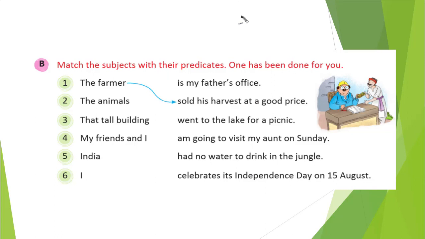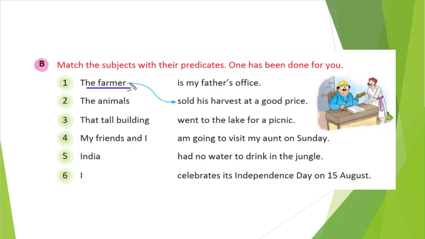You can see one is done: the farmer sold his harvest at a good price, right? Now the options: my father's office, sold his harvest at a good price, went to the lake for a picnic, am going to visit my aunt on Sunday, had no water to drink in the jungle, celebrates its Independence Day on 15th August.